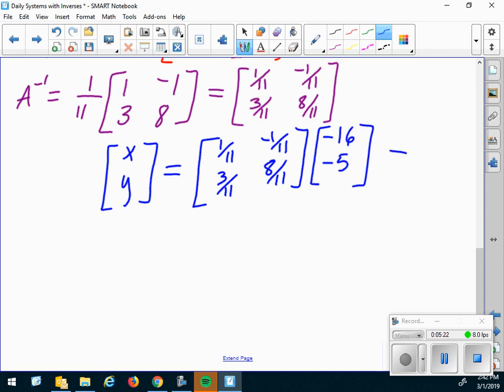Use your calculator for support, but not to actually enter the matrices. Use it for arithmetic.